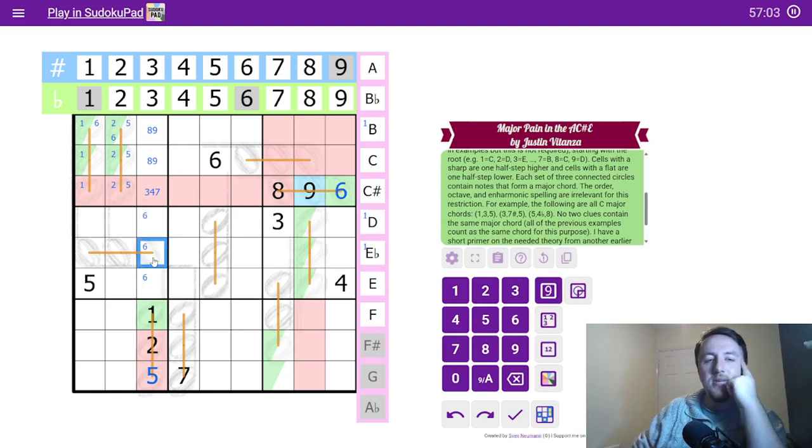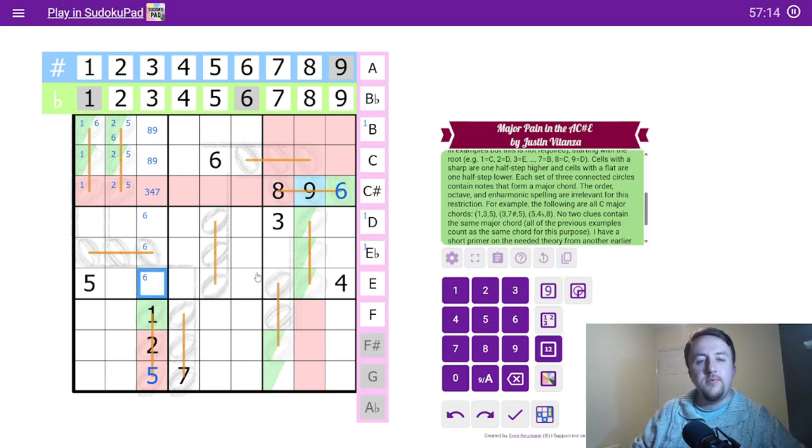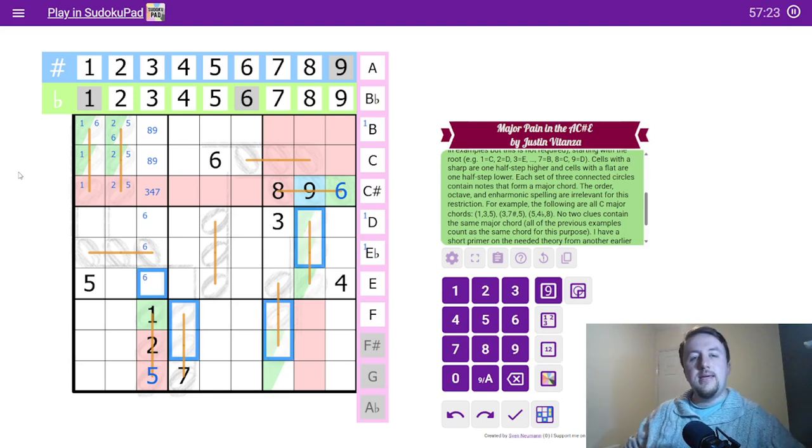Must it necessarily be on the chord? I mean, it's very likely to be on the chord. If it's not on the chord, if it's here, for example, we then would need a 6 on here, and here, and here. And then obviously we're going to get a 6 over there.